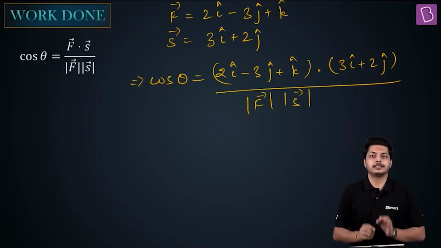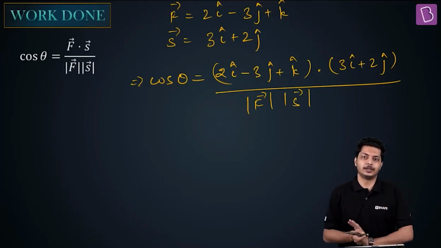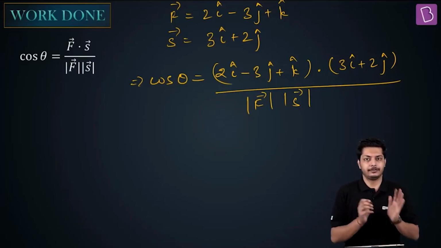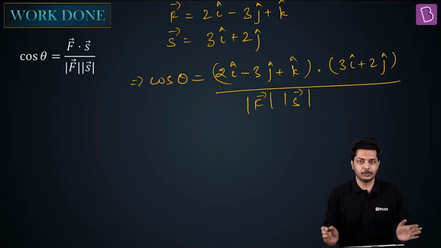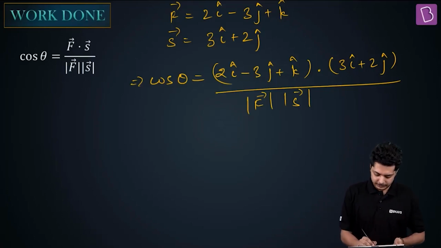Why? Because if the numerator is 0, then cos theta is 0, right? So first of all, we need to arrive at whether the numerator is 0 or not 0, correct? All right. So let's do that.